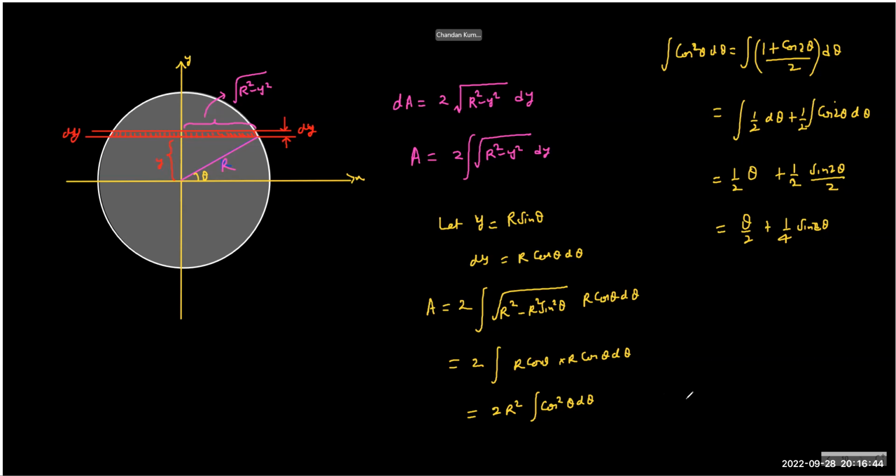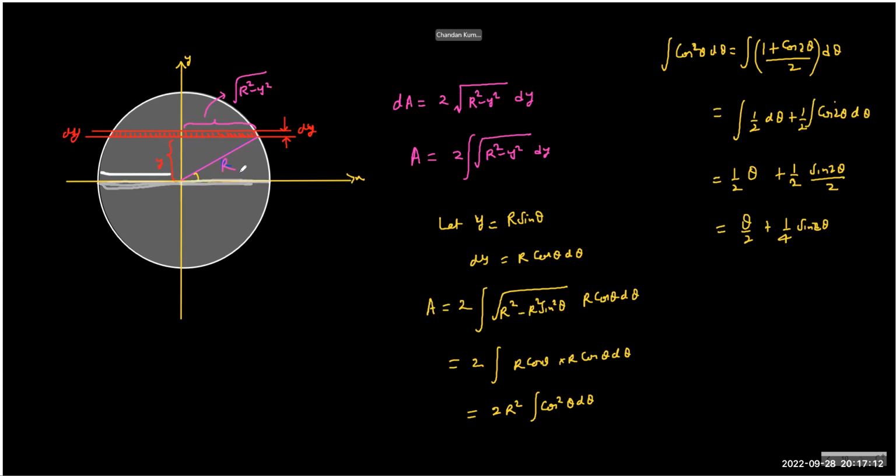So now the question is, how must we vary theta to get the entire disk covered? If theta is 0, my line is here, correct? So theta 0 will represent this line. Do you realize this? If my rod is here, theta is 0.